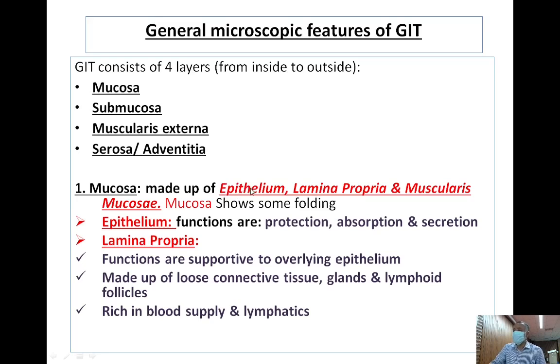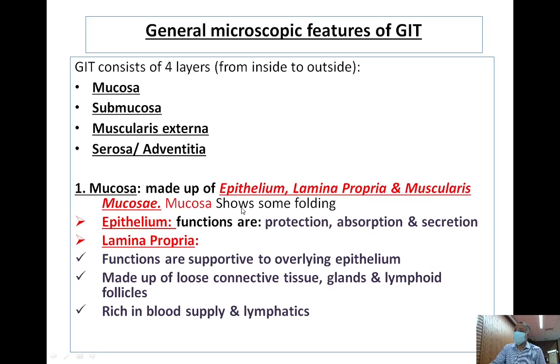If you are asked for the lining epithelium of the esophagus, that means the epithelium. Outer to the lining epithelium is the lamina propria, then outer to that the muscularis mucosae, which in some books is written as muscularis interna, not to be confused with muscularis externa.